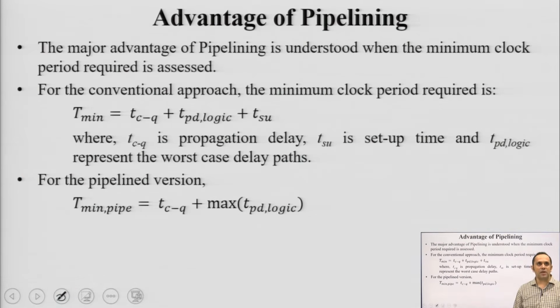Okay. The major advantage can be understood in terms of how much is the minimum clock period required. For the conventional approach, the first circuit which I had shown you, the minimum clock period required was the addition of propagation delay plus the setup time plus the worst case delay paths.